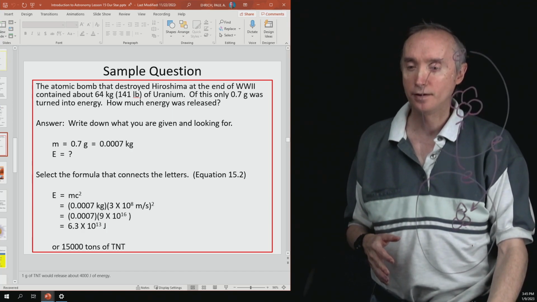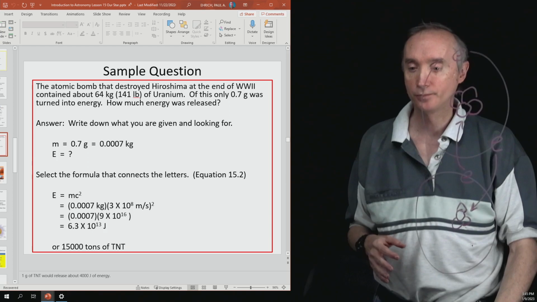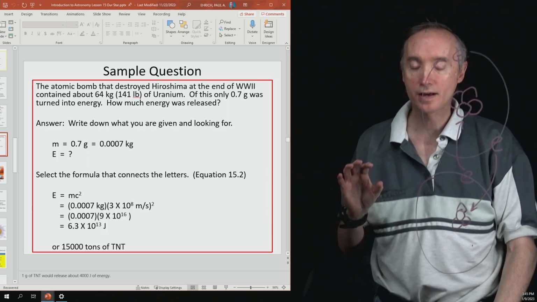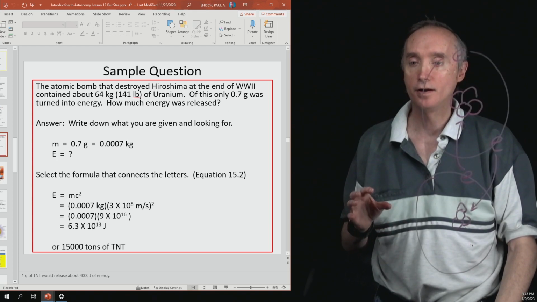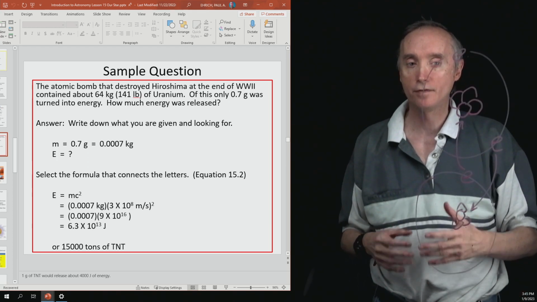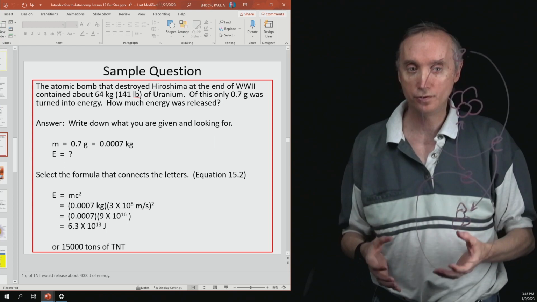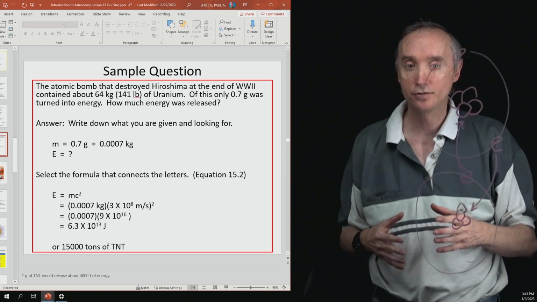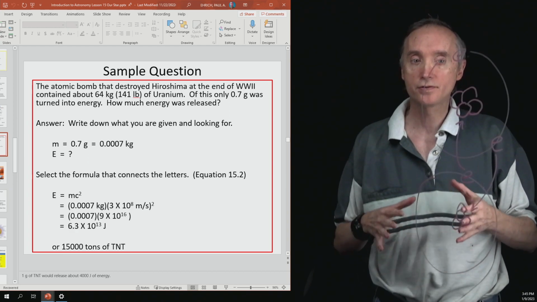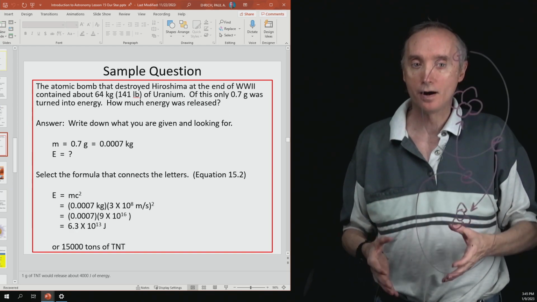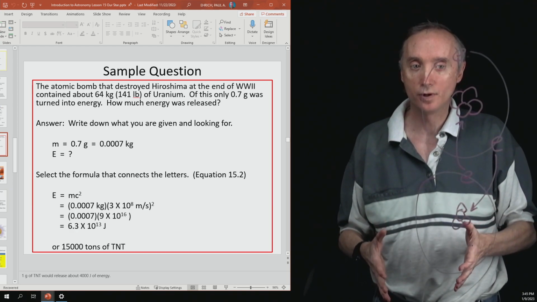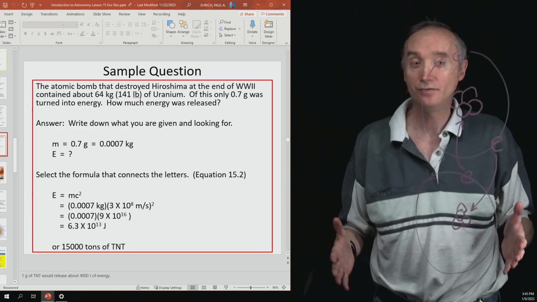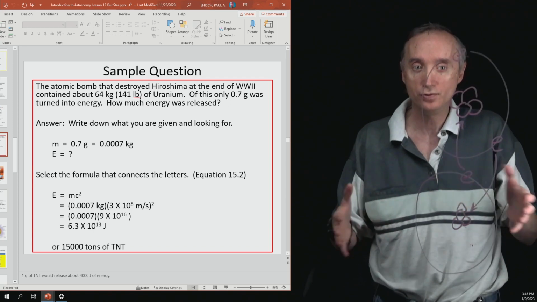So if you go to New Mexico, you can go to Los Alamos Labs. They have a museum where they have a mock-up of the 2 atomic bombs that were dropped on Japan during World War II. And so the actual bomb that was dropped was, I'd say at least 6 feet, 7 feet, 8 feet long, or about 2 meters.